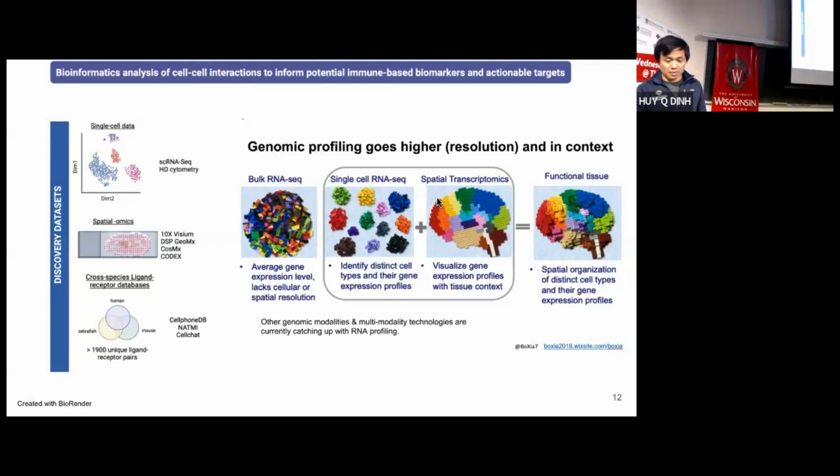Spatial data gives you the expression in space, you can see like this. However, with spatial data, the best resolution is a spot that has about 10 or 20 cells. This is not single cell yet. What we need is this, the one that has both. I think we're going to go towards that very quickly given the development in the technology field.